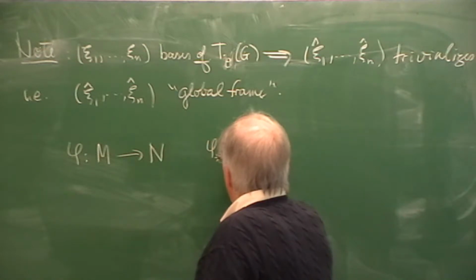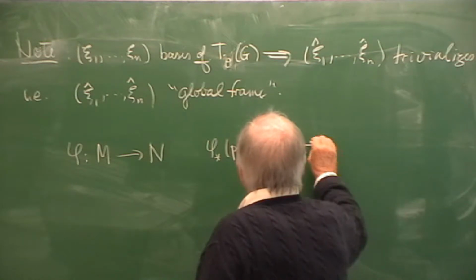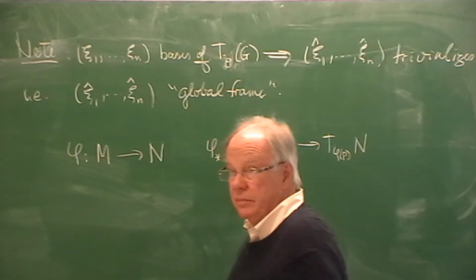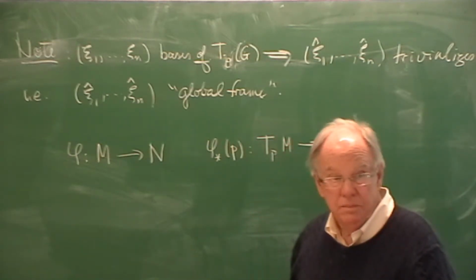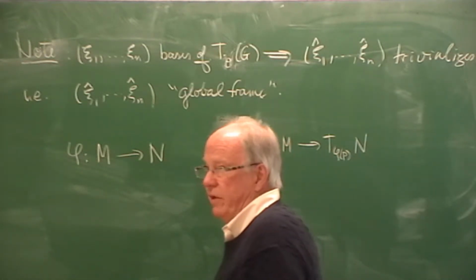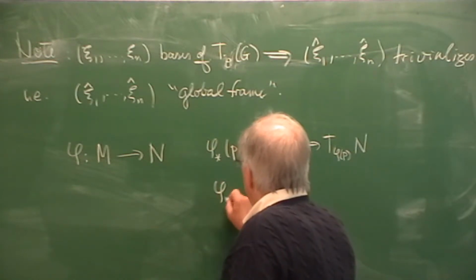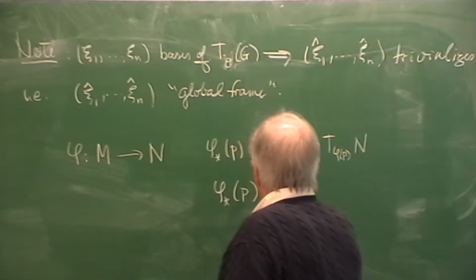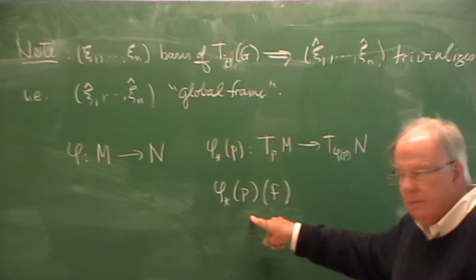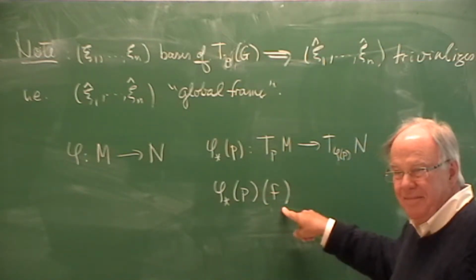Let's say push forward at a point P pushes forward the tangent space at P to the tangent space at phi of P. What is a tangent vector? A tangent vector is differentiation. So I have to define what phi push forward of C applied to f is, for f a function defined near phi of P.